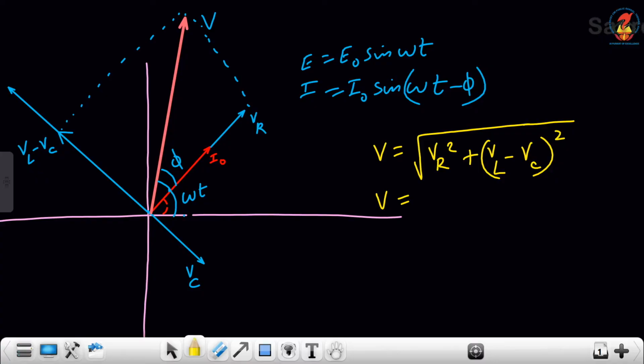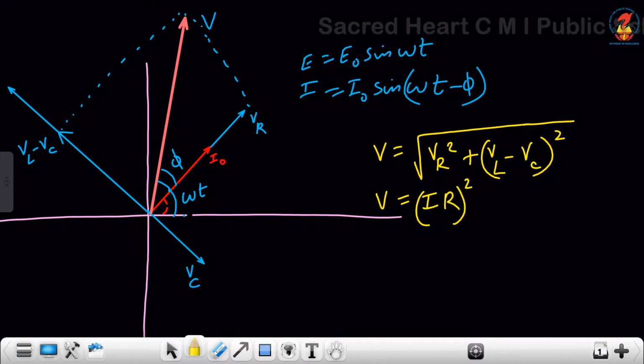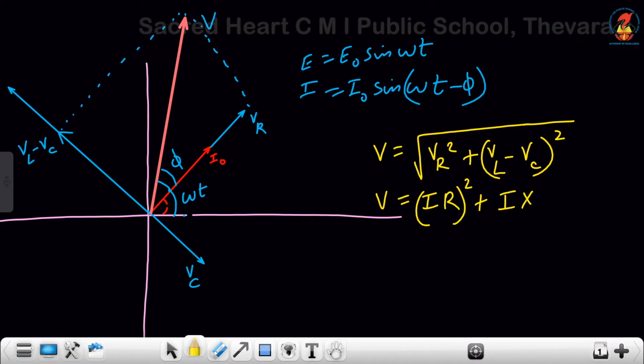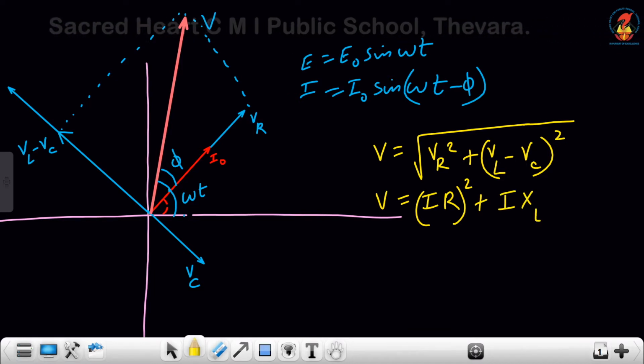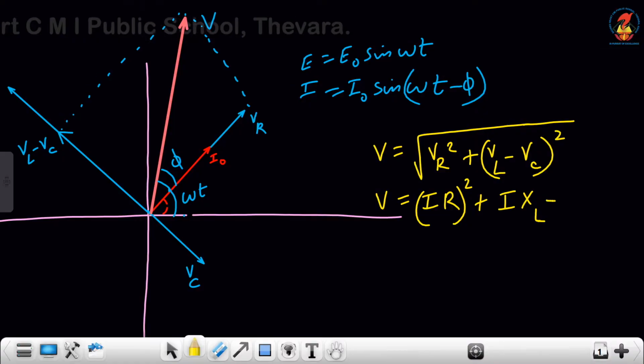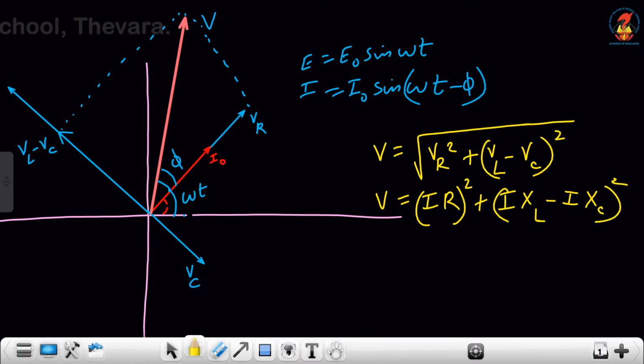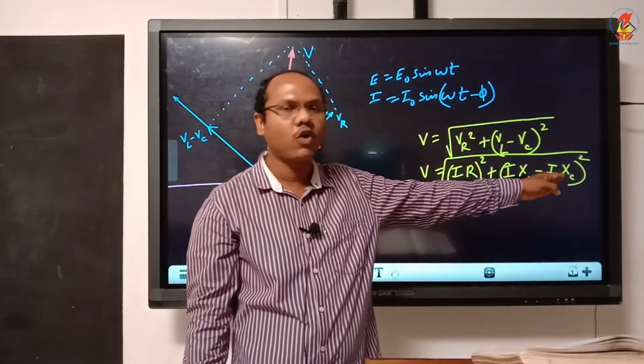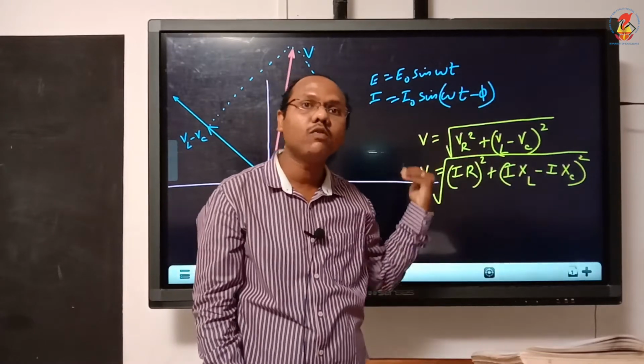So V is equal to, what is VR? VR can be written as I into resistance, current into resistance, whole square. VL can be written as I into XL, and VC can be written as I into XC, whole square. Now I can take I square common from everywhere and take it outside the root.